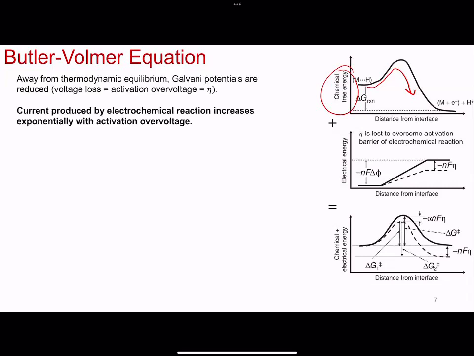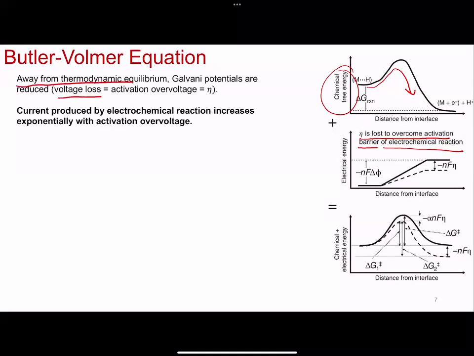But now we introduce a concept called activation, the activation barrier to this electrochemical reaction. So all is not 100% ideal, right? There's some overpotential, and realistically in the real world, you're going to have some concentration loss. You're going to have conditions that are away from thermodynamic equilibrium. That is what we call voltage loss. You need to sort of overcome this barrier.